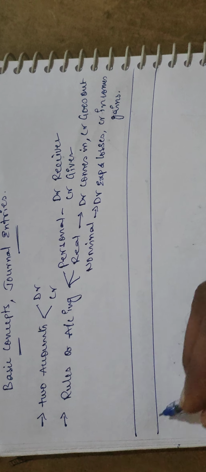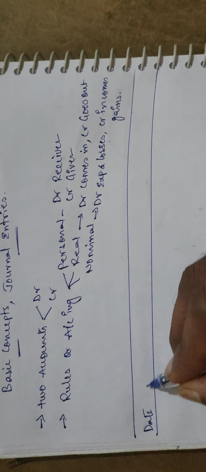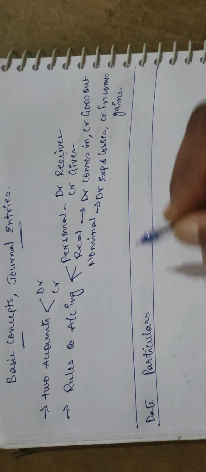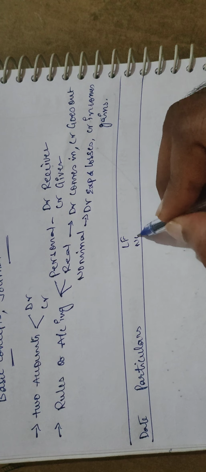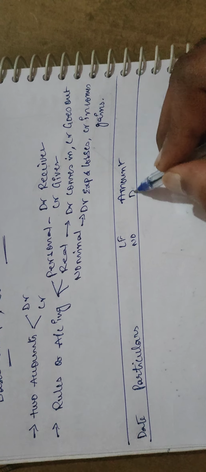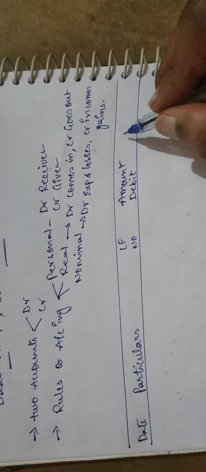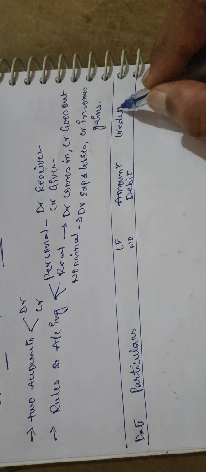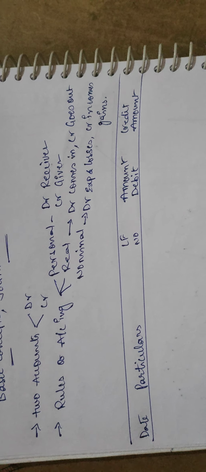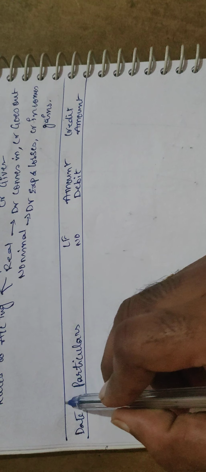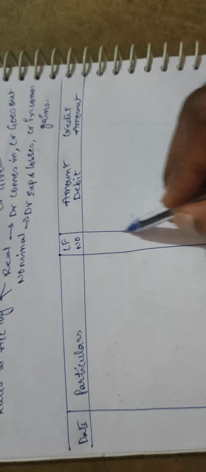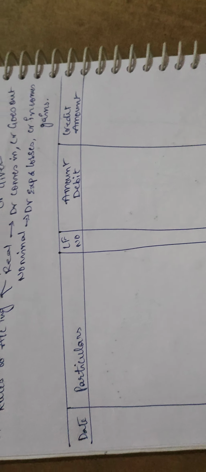This is the format of journal entries: date, particulars, LF number, amount in rupees debit, debit amount, credit amount. Here I will tell you some basic journal entries which students can find troublesome.